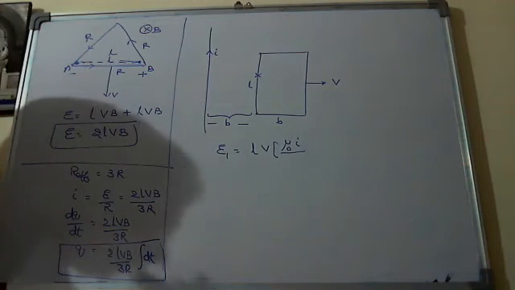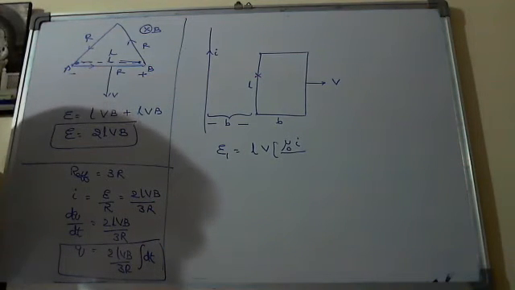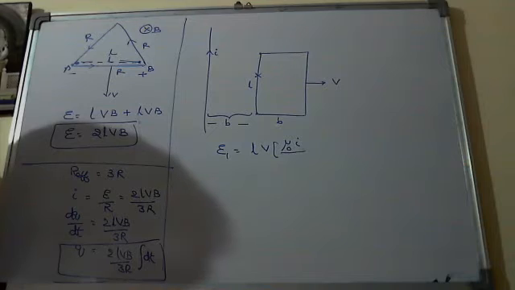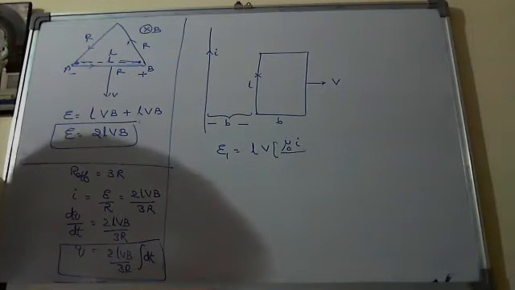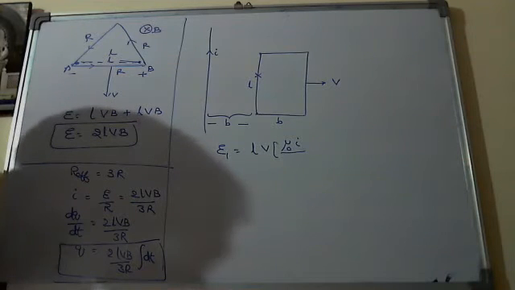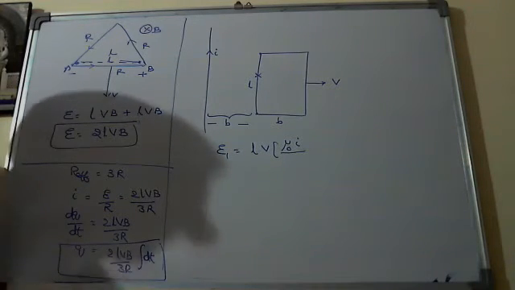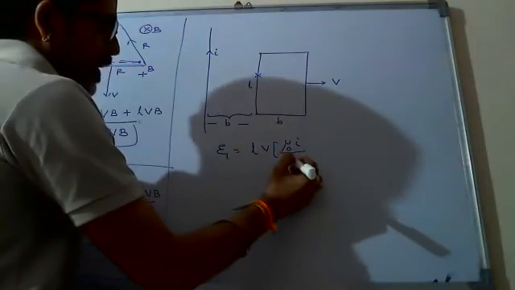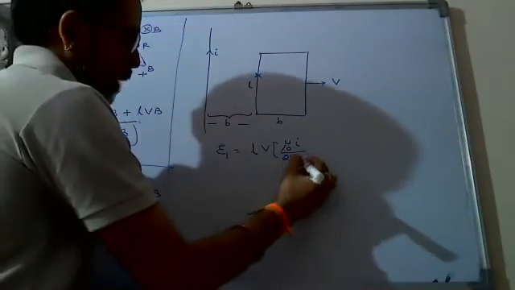Infinite straight conductor, the B at a point, magnetic field induction at a point: mu naught I by 2 pi R, not 4 pi R. Okay, 2 pi R is B, 2 pi B.